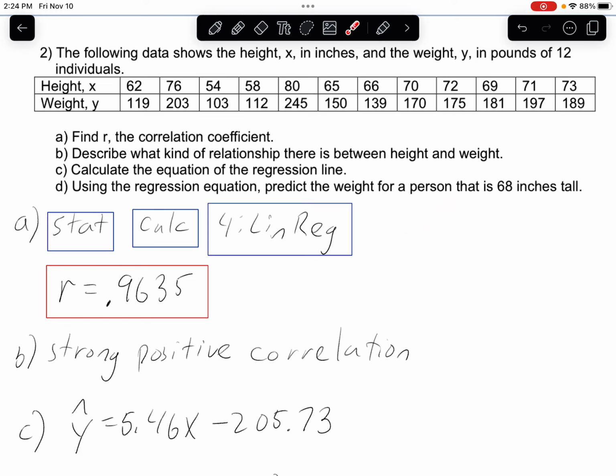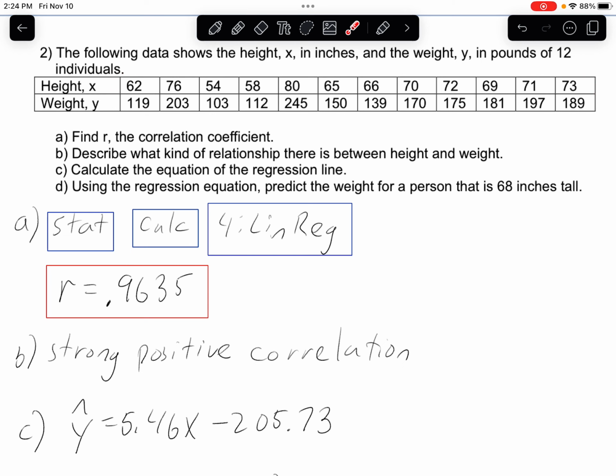It's not meaningful. This data doesn't give a meaningful prediction for anything where x is less than 54. On the same side, 76 is the highest height here. So if someone is 80 inches tall, trying to predict their weight based on this data is not meaningful. But 68 is meaningful, so we can do it.